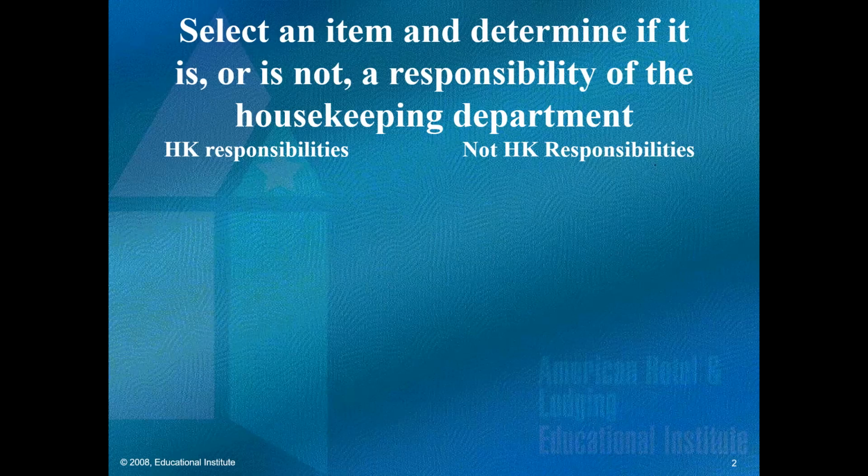All right, one more round. All right, so linen and sewing rooms, good. Guest rooms, awesome. Hotel operated shops. All right, management offices.